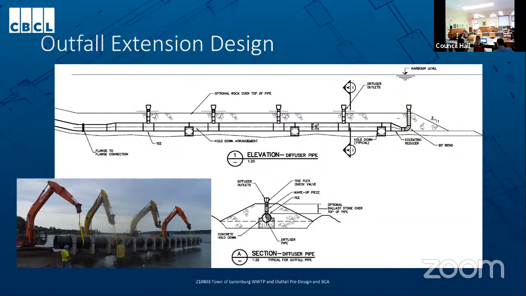And then the photograph in the bottom corner is one that was being installed in another location in Nova Scotia. This has an HDPE pipe, which would be typical for the outfall pipe, and the same type of concrete collars to weight it down. The actual installation would look a bit different because it would be in deeper water, but it does give you an idea of the type of pipe and collar that are used for these kind of outfalls.